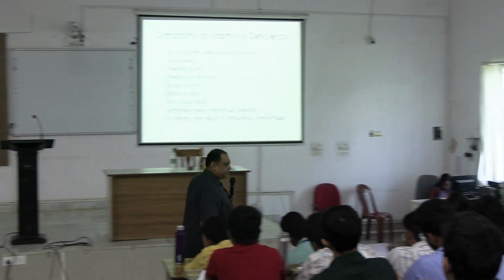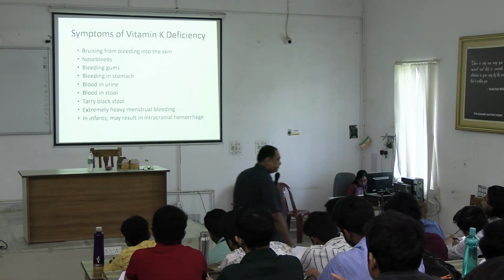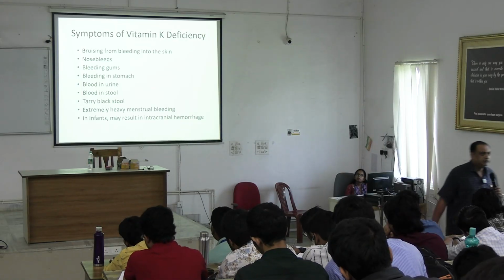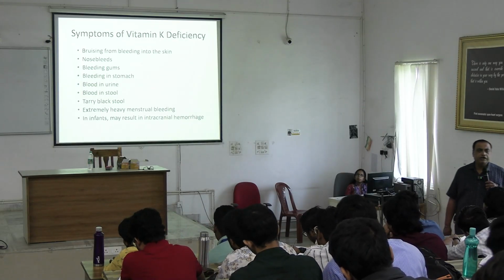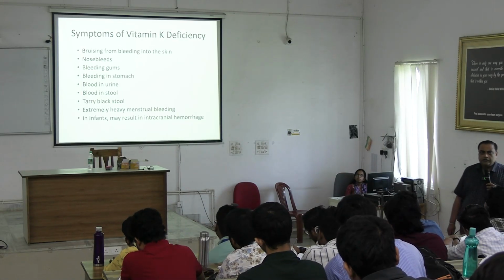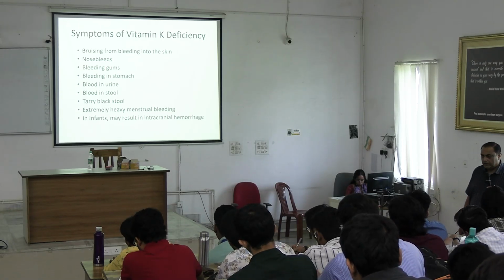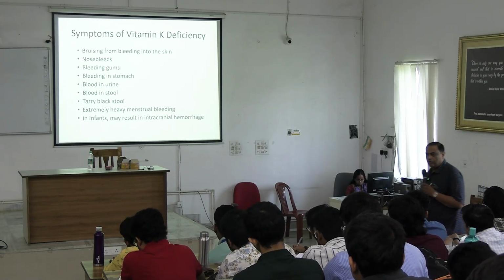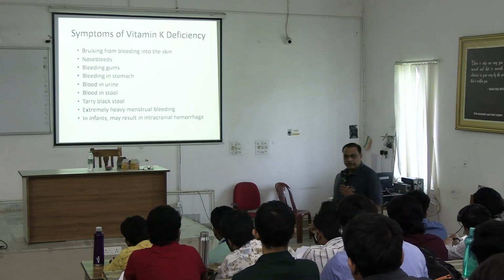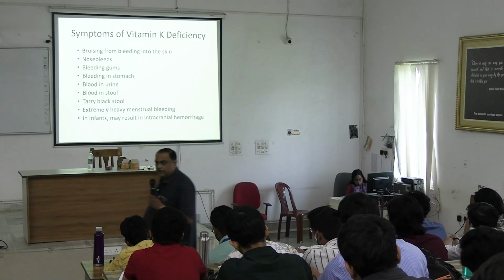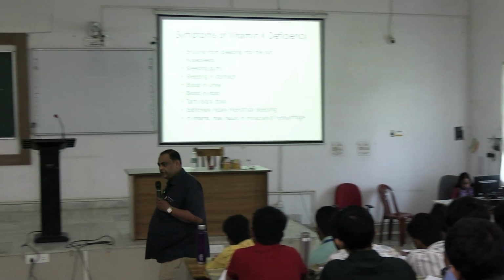Symptoms in vitamin K deficiency. It is a clotting disorder. By this time, I hope you have come across the clotting time and bleeding time experiment, so you have an idea of the difference between bleeding time and clotting time.